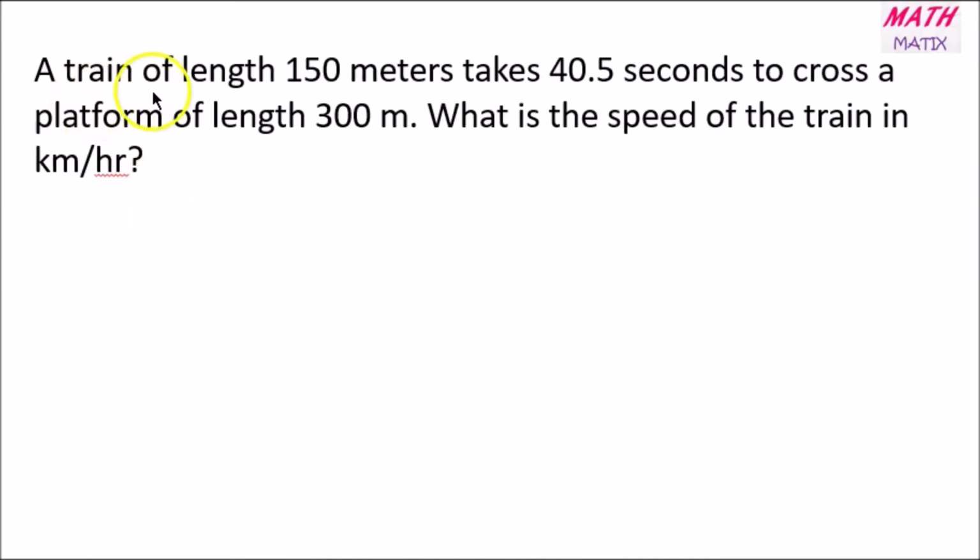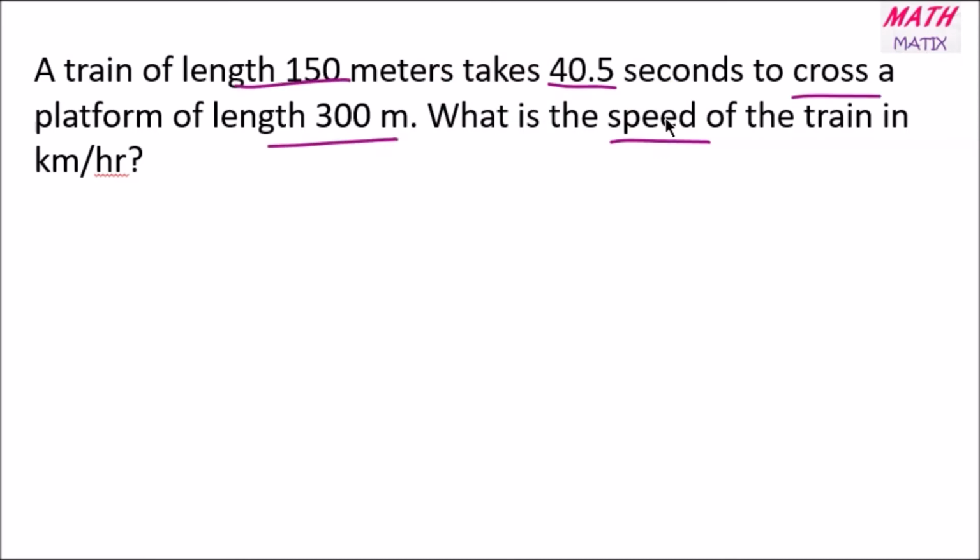Next problem. A train of length 150 meters takes 40.5 seconds to cross a platform of length 300 meters. What is the speed of the train in kilometer per hour? In previous problems, we found the time when the distance and speed were given. In this problem, we have to find the speed, as the time and distance are given.